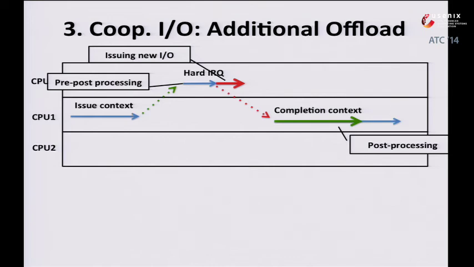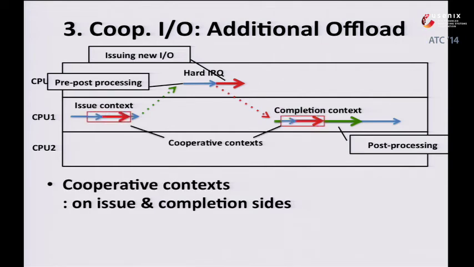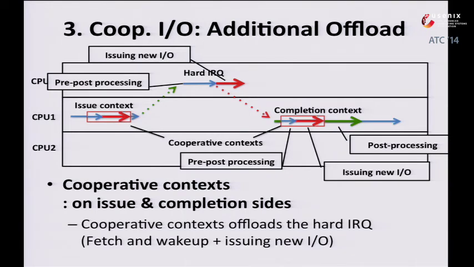But this still has some problems because the hardware interrupt has to do some more. So we went a little bit further to offload the hardware interrupt handler. We did this by introducing cooperative contexts embedded in both the issue and completion sides of the I/O threads. Here, cooperative contexts perform pretty much the same thing which the hardware interrupt handler actually does. They look into the implicit completion queue and the issue queues to steal the work which the hardware interrupt otherwise has to perform.